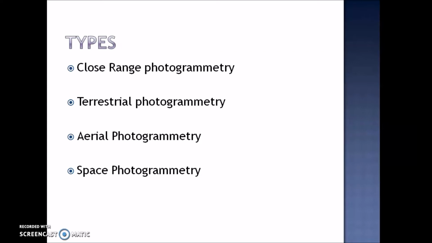Terrestrial is from the surface of the ground itself, from any place higher than the site, where we can take the photographs. Aerial uses cameras mounted on helicopters and planes, and the required photographs can be taken. Space uses satellite data.